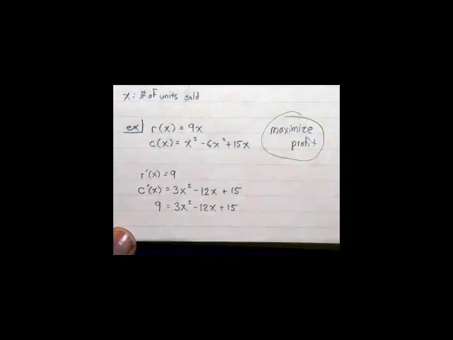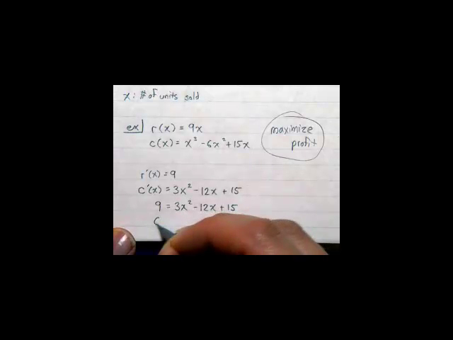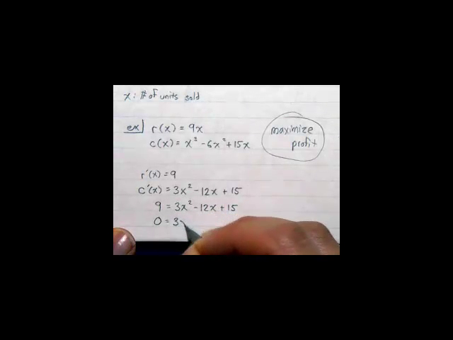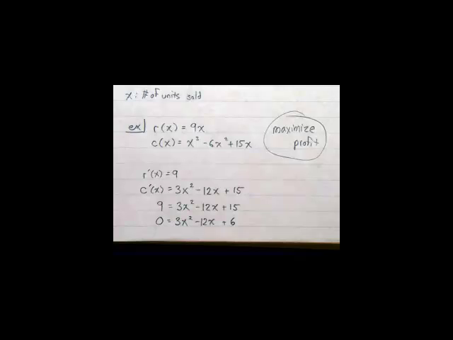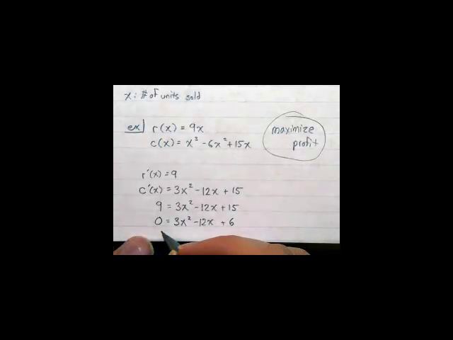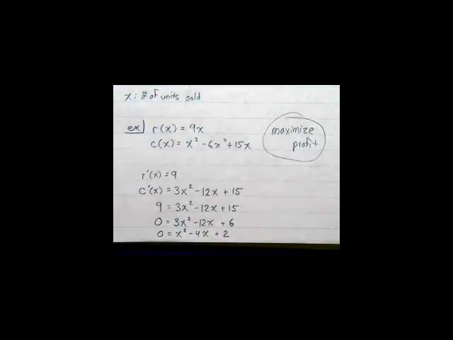So we get that when you set them equal to each other. And then if we're going to actually solve this equation, let's move this 9 over to the other side. So 0 equals 3x squared minus 12x plus 6. And let's see, we can pull a 3 out of that thing as well, right? So 0 equals x squared minus 4x plus 2.